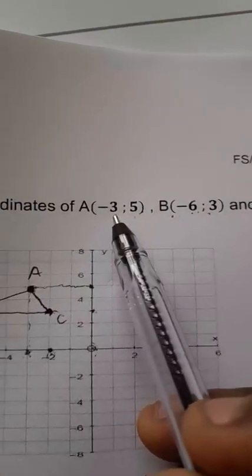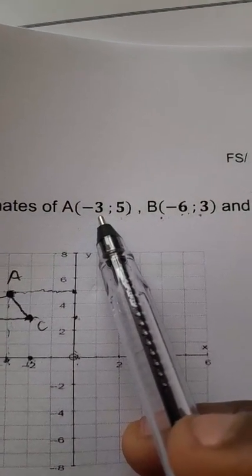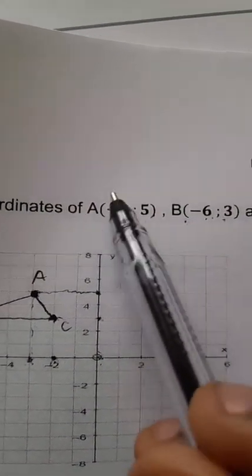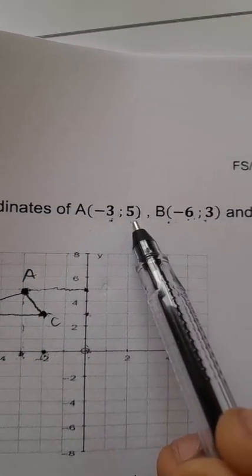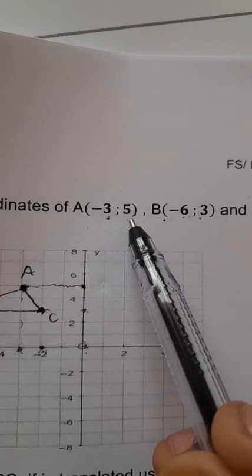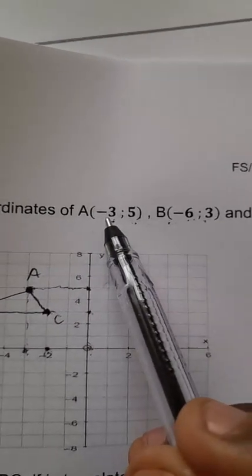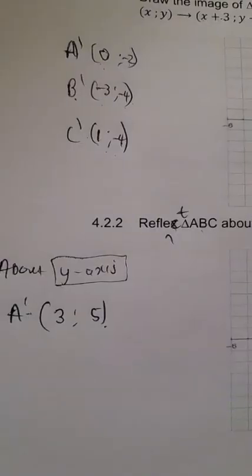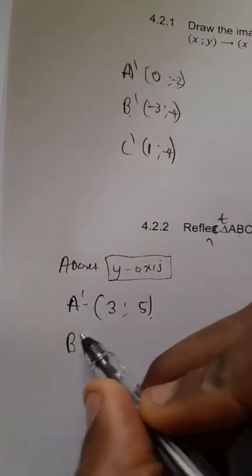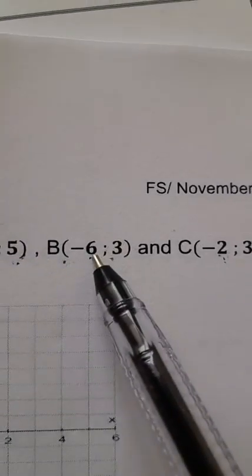And let's see. We had -3 and 5. So what did we say? We are going to change what? X needs to change. Y, on the other hand, stays the same. Reflection about the y-axis means that x changes, but y stays the same. So -3 becomes 3. But the 5 stays the same. Let's look at the B image.